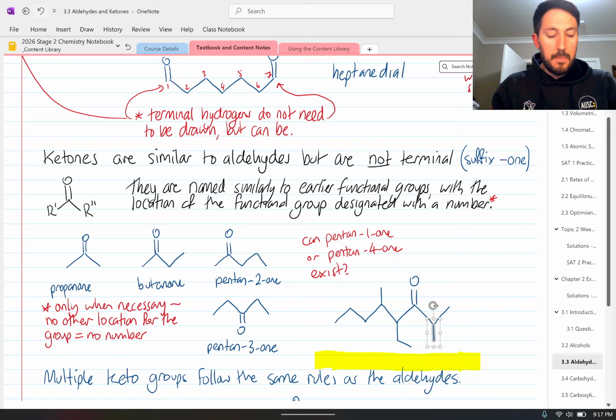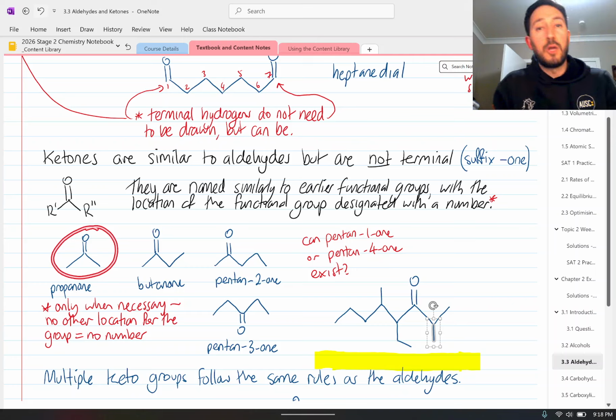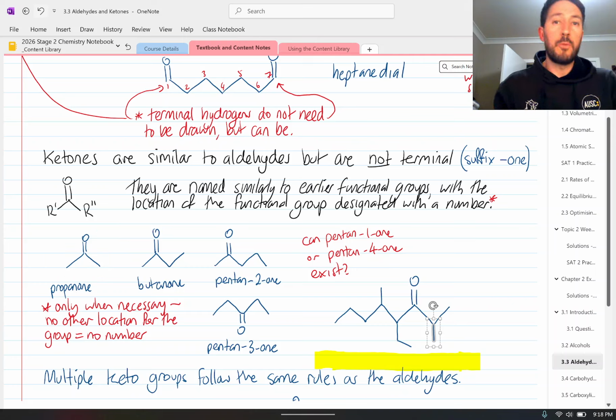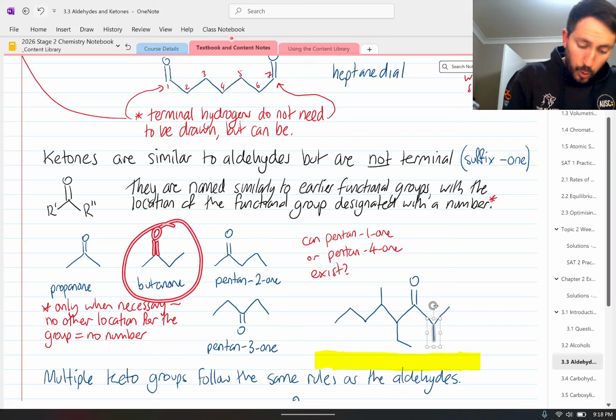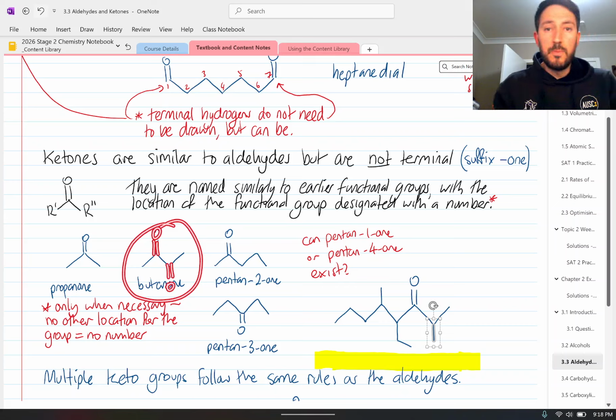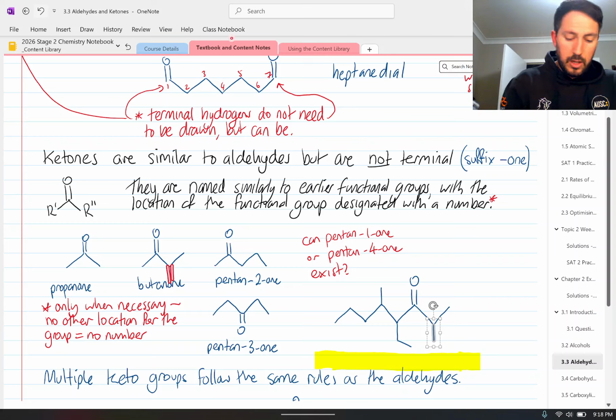Now, because for propanone at least, the carbonyl group cannot be anywhere else, we don't bother with a number. Similarly, with butanone, if our C double bond O was here, or if it was here, it would be identical. Those are the only 2 places that it can be. It cannot be on the ends, so again, butanone does not have a number. Here or here are the exact same structure.